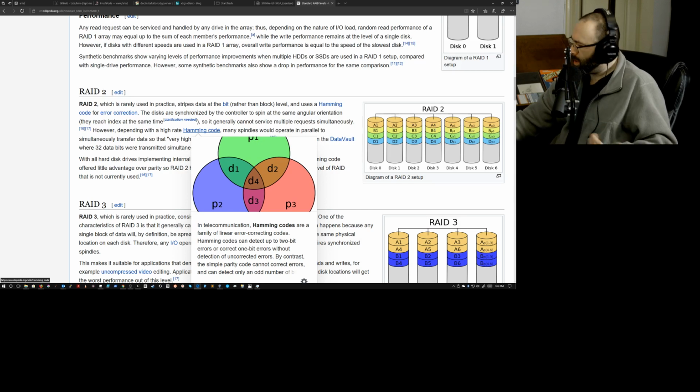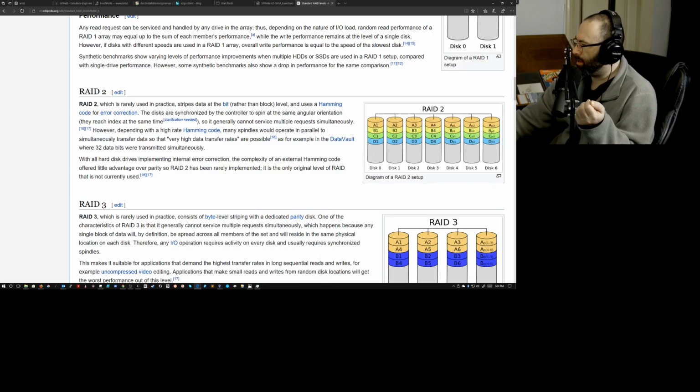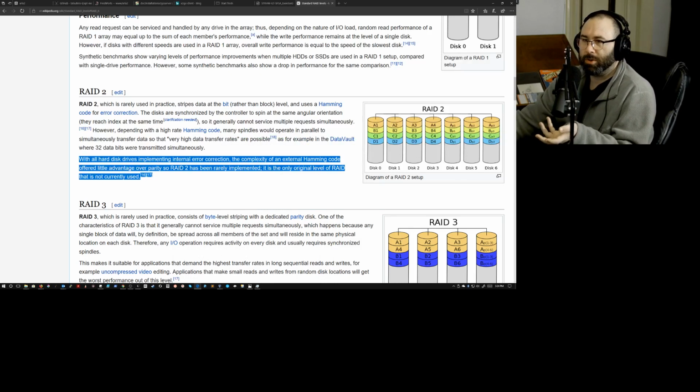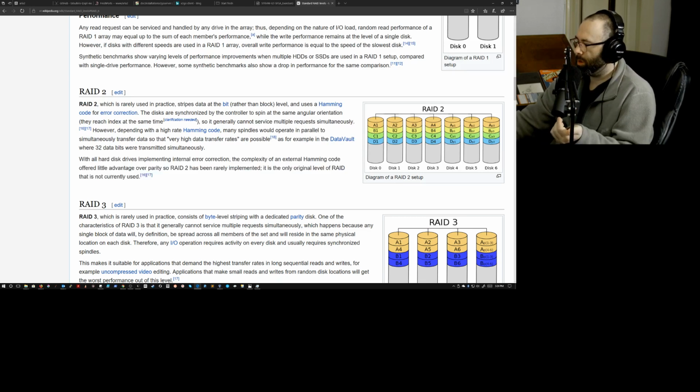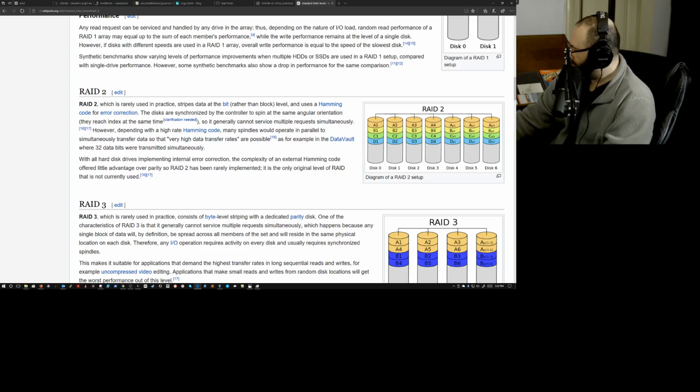Not a terrible idea, but it turns out that with disks themselves having some internal data correction, the complexity of doing this on top of that didn't really give you very much benefit. Instead, once we start getting into the other kinds of RAID, that's really where we started to get the actual benefits. So it's a pretty interesting idea.